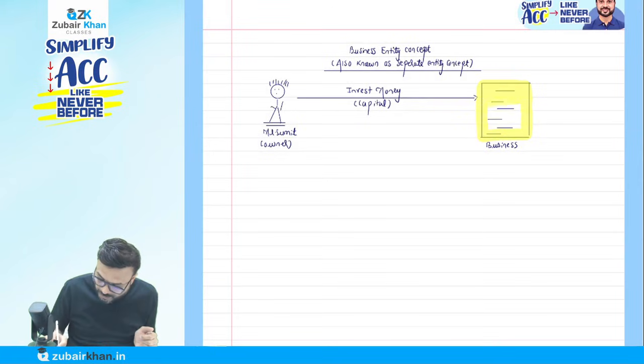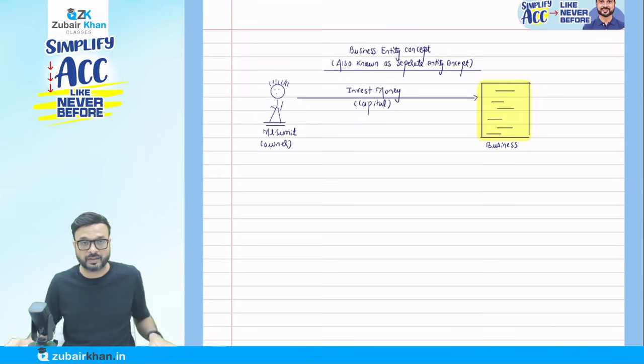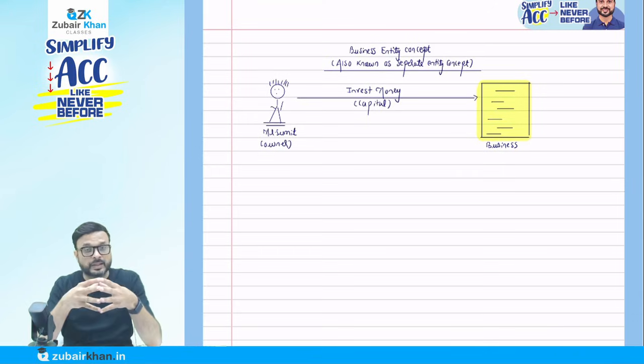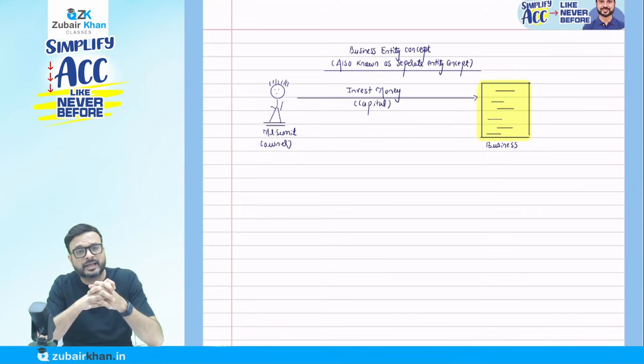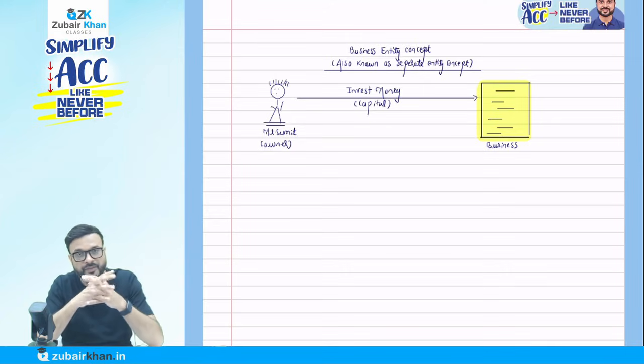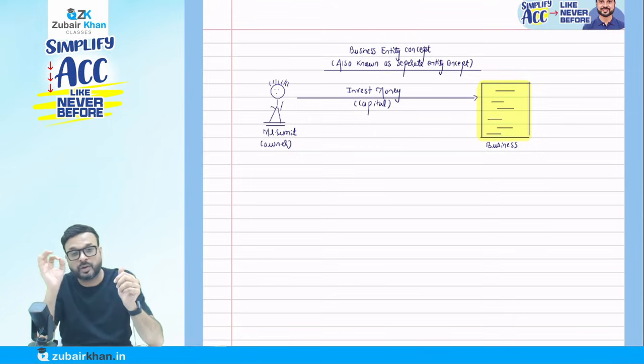Now understand this point. What does it mean that we're thinking from the business point of view? Are the owner and the business the same? You'll say, no sir, this business belongs to Mr. Sumit only, they are the same. No. This concept says that the identity of the business is different and the identity of the owner is different.